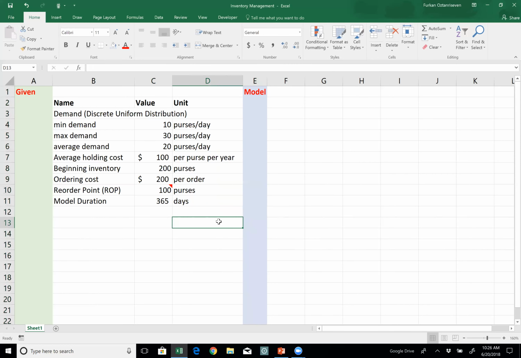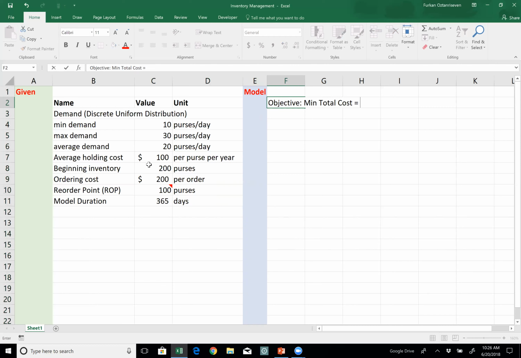In this model, first thing I would like to ask, like in any model, what is my objective? In this case, I have a bunch of costs here, ordering costs and holding costs. I don't have any revenue information given to me, so I would like to minimize the bad things. So I would like to minimize the total cost.